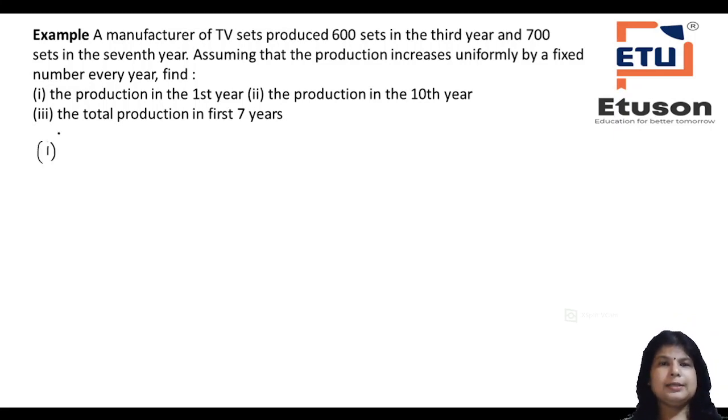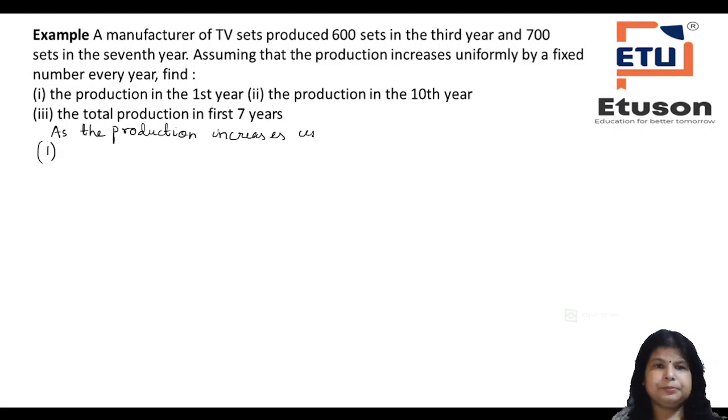So the production increases uniformly, so it represents an arithmetic progression. Correct?